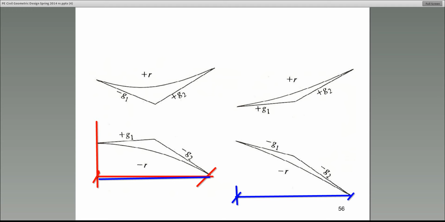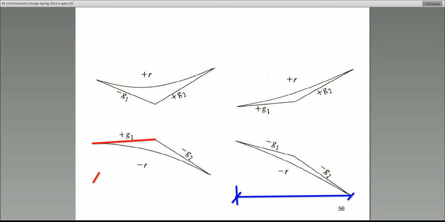One other thing is the gradient of these tangent lines. All right? So the back tangent, for example, here, has a gradient, or you can think of it as a slope. So the back tangent has what they call G1.